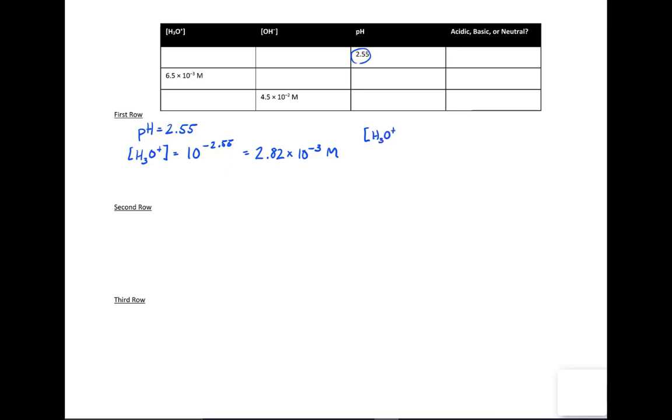We can find the hydroxide ion concentration from the expression which we just learned that states that the product of the hydronium ion concentration and the hydroxide must equal Kw, 1.0 times 10 to the negative 14. Rearranging that equation, we see that the hydroxide ion concentration equals 1.0 times 10 to the minus 14 divided by the hydronium ion concentration.